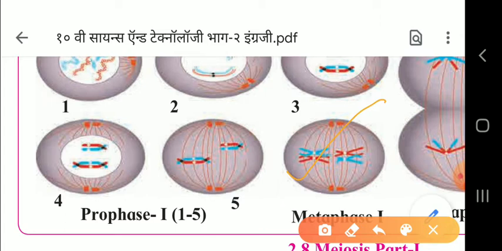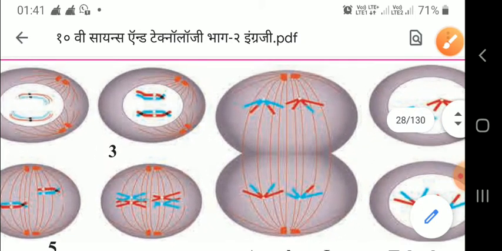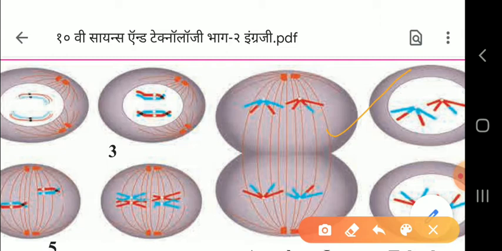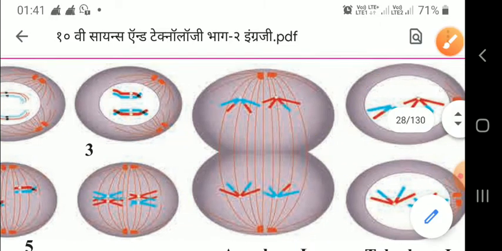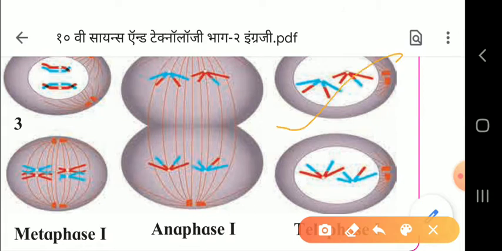And what changes occur, that I'll tell you. Then here we can see this is anaphase. Here two cells, how they are going to form, this is called the constriction. How the chromosomes are moving toward the centriole. And further here we can see in telophase 1 how from one cell two cells are formed.